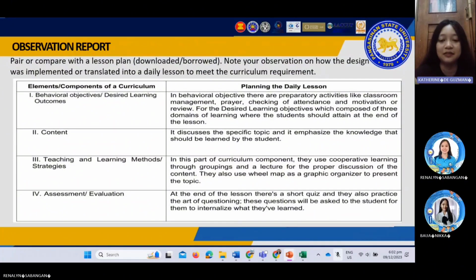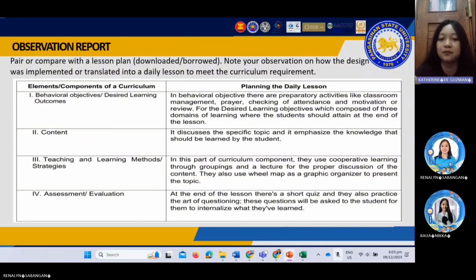For the second is the content. This one discusses the specific topic and it emphasizes the knowledge that should be learned by the student. For the third one is teaching and learning methods or strategies. In this part of the curriculum component, they use cooperative learning through groupings and a lecture for the proper discussion of the content.